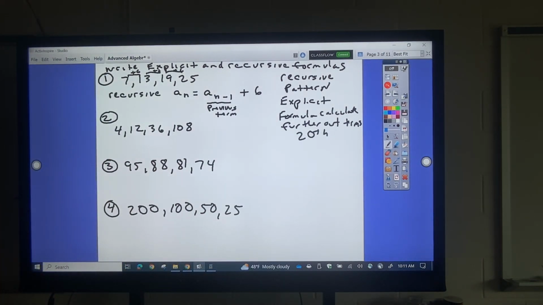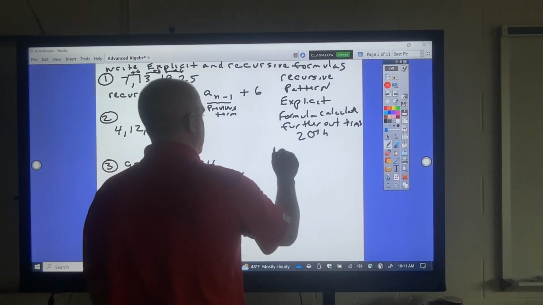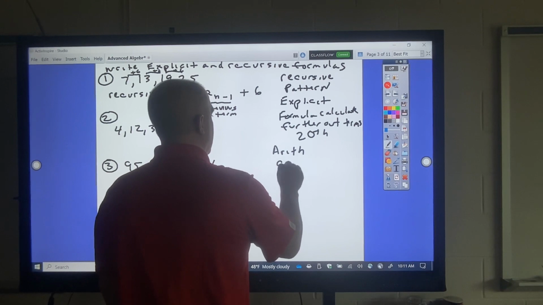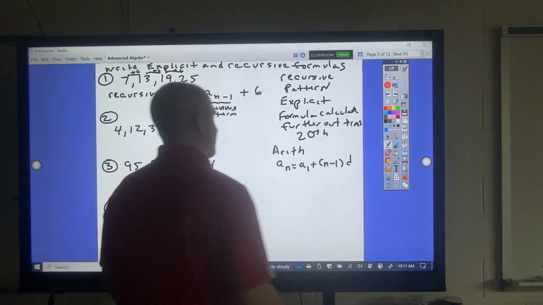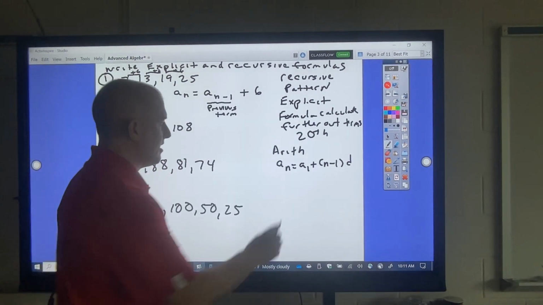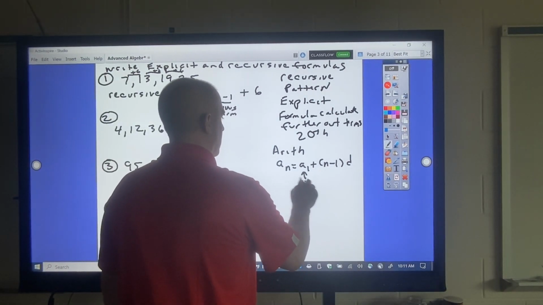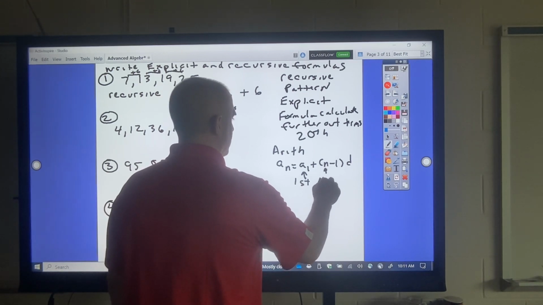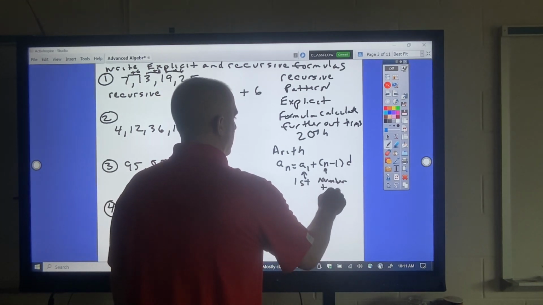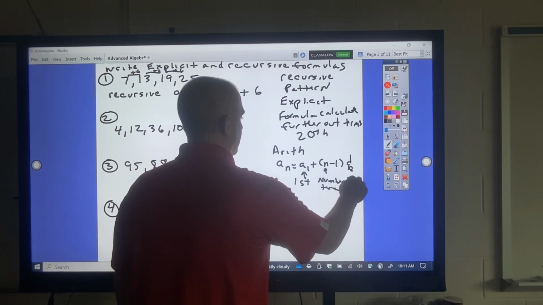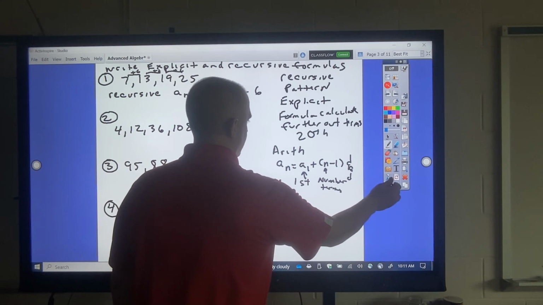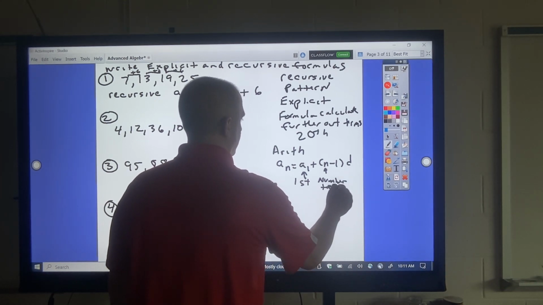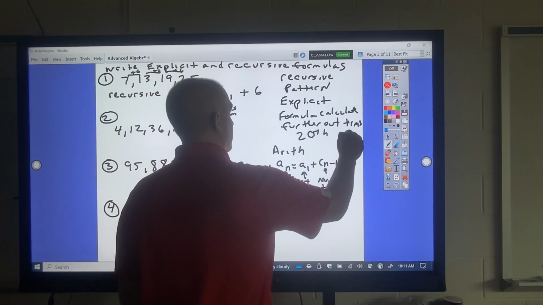For arithmetic, the explicit formula is AN equals A1 plus N minus 1 times D, where A1 is the first term, N is the number of terms, and D is the difference. We talked about that already.